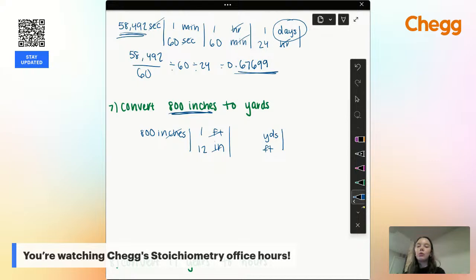And I know 1 yard has 3 feet. So going off of that, I multiply the top, divide the bottom. So 800 divided by 12 divided by 3. I'm going to give y'all about 30 seconds. Put that in your calculator and get it with correct sig figs. Let me know what you get in the comments.